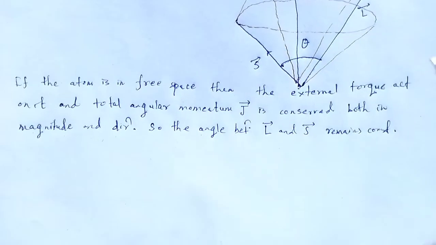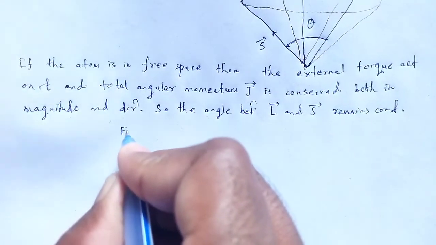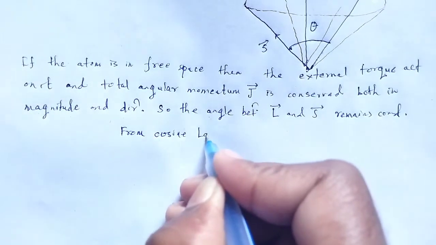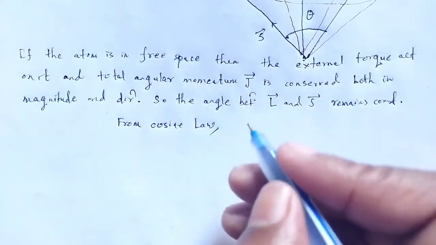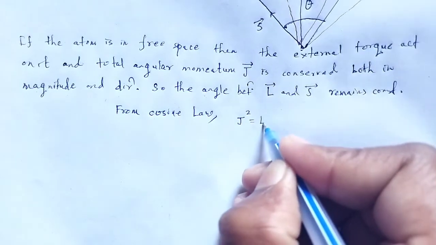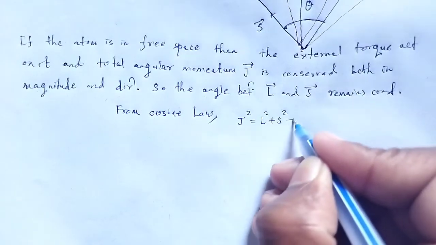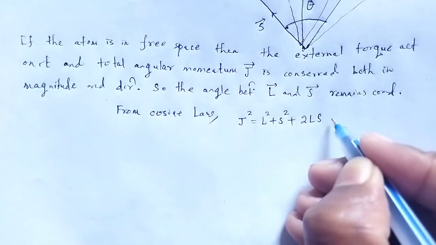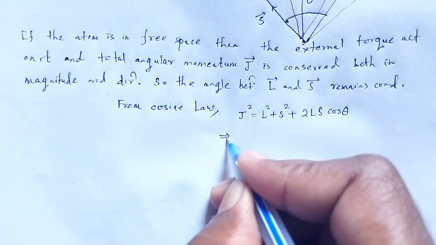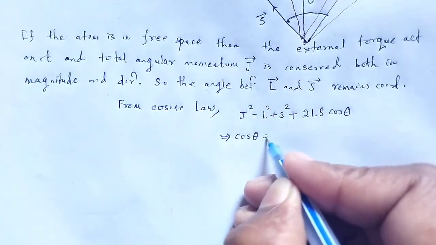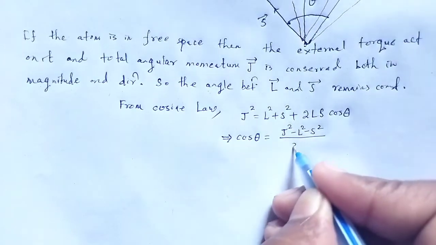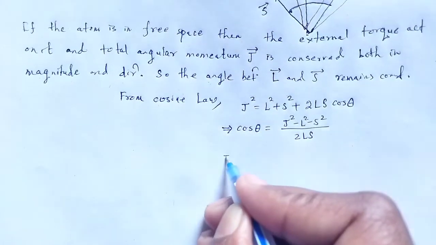Here we use the cosine law: J squared is equal to L squared plus S squared plus 2LS cos theta, which implies cos theta is equal to J squared minus L squared minus S squared, divided by 2LS.